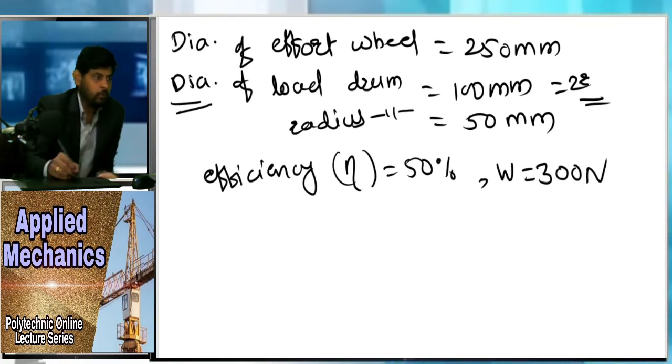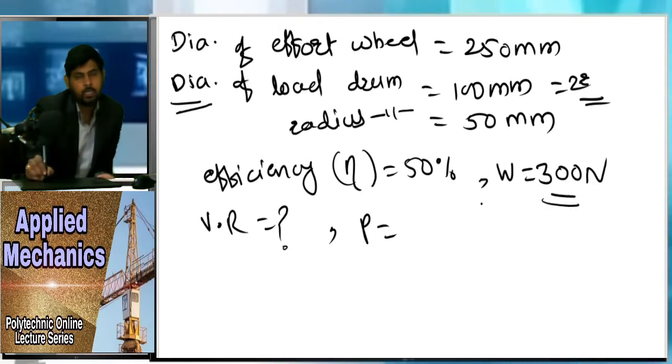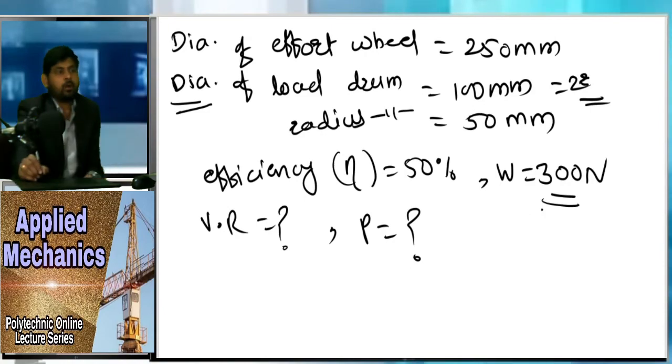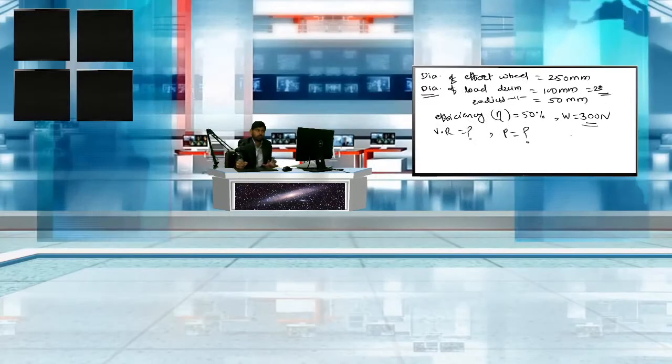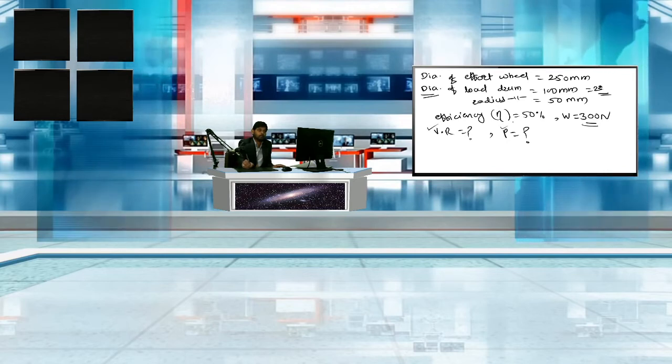Now we have to find out two terms: the velocity ratio, and the effort required to lift this 300 Newton load. So now we know what we have to find out and what is given. Using all this given data, you can find the value of the velocity ratio and the effort required to lift the load.